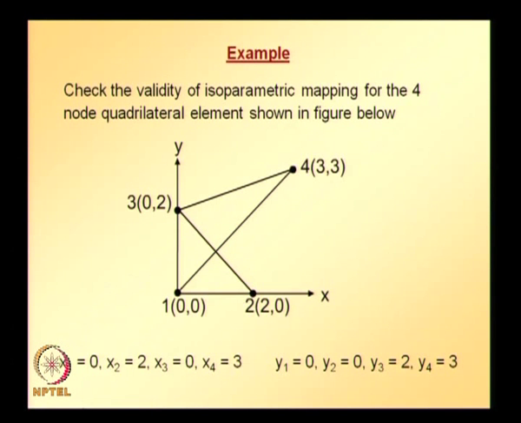After this, the element is going to be mapped onto a 4 node parent element. So, taking parent element shape functions, we can write isoparametric mapping expressions, that is x in terms of s and t, y in terms of s and t, using parent element shape functions and physical element coordinates.